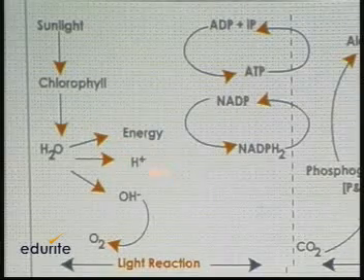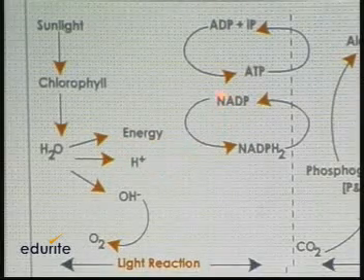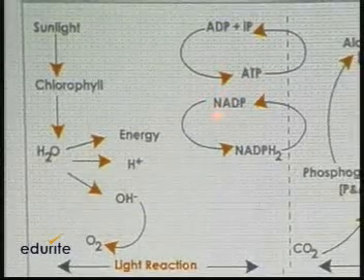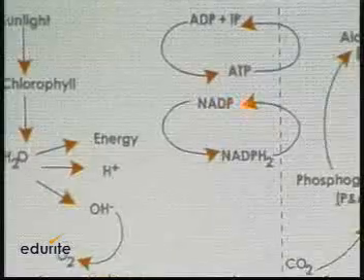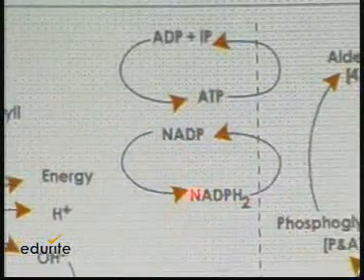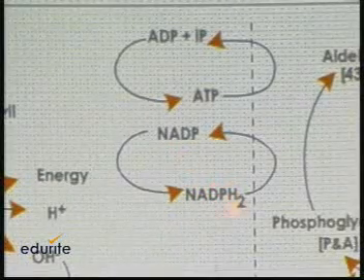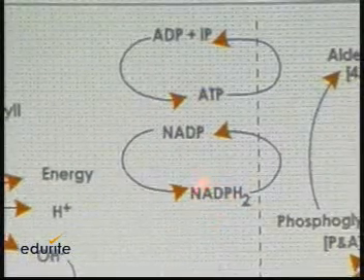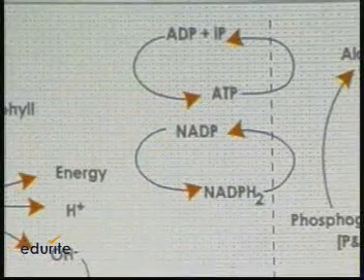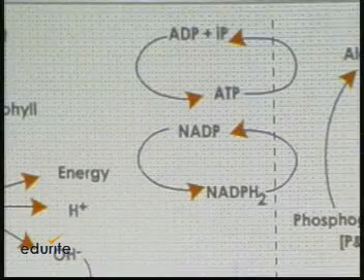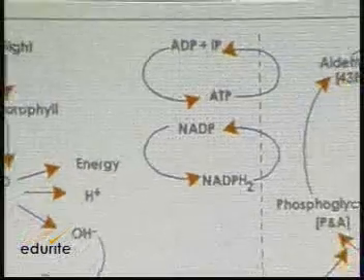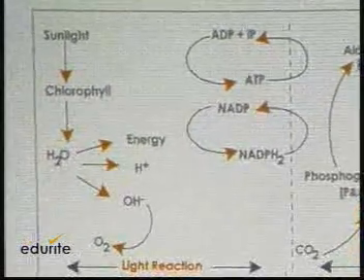These hydrogen ions are locked on to NADP, a coenzyme, nicotine adenine dinucleotide phosphate, and this gets reduced and its reduced form is NADPH2. In the light reaction, remember, a very important gas is evolved, and that is oxygen gas, and oxygen is the byproduct of the process of photosynthesis.